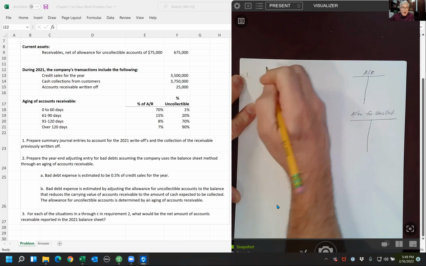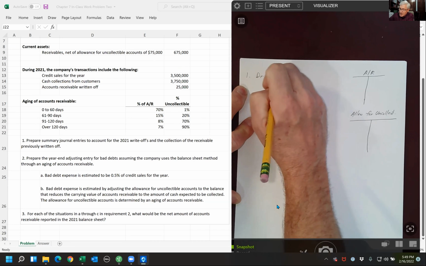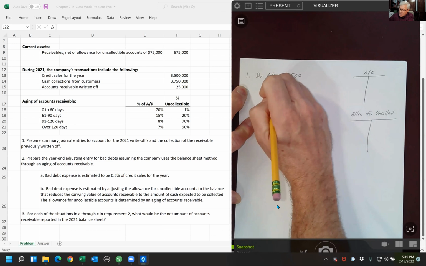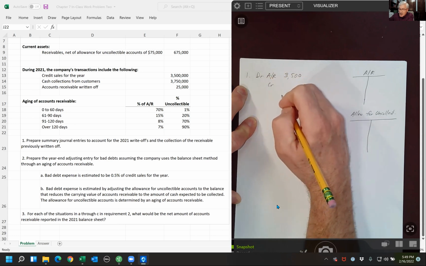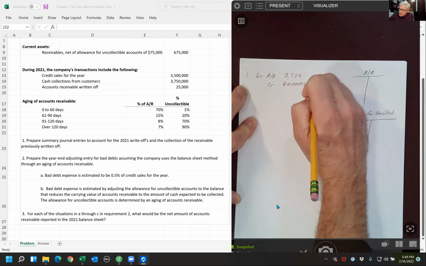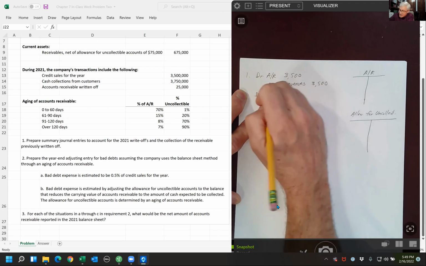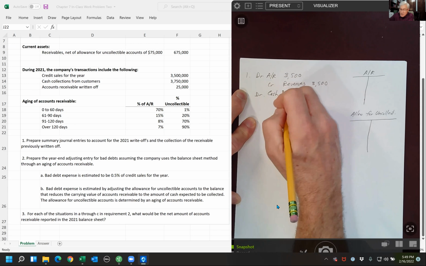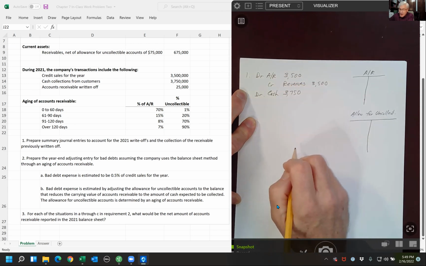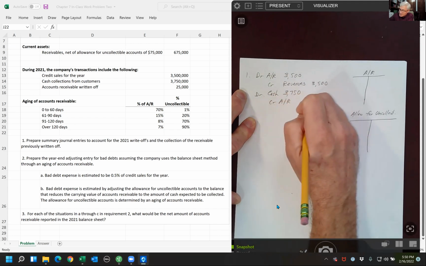So let's just do the journal entries. Debit AR for 3,500,000. I'm going to do this again in thousands, just to save paper here, and credit revenues. And then I'm going to debit cash, 3,750,000, and that's a reduction in AR because now people that owed us have paid us.